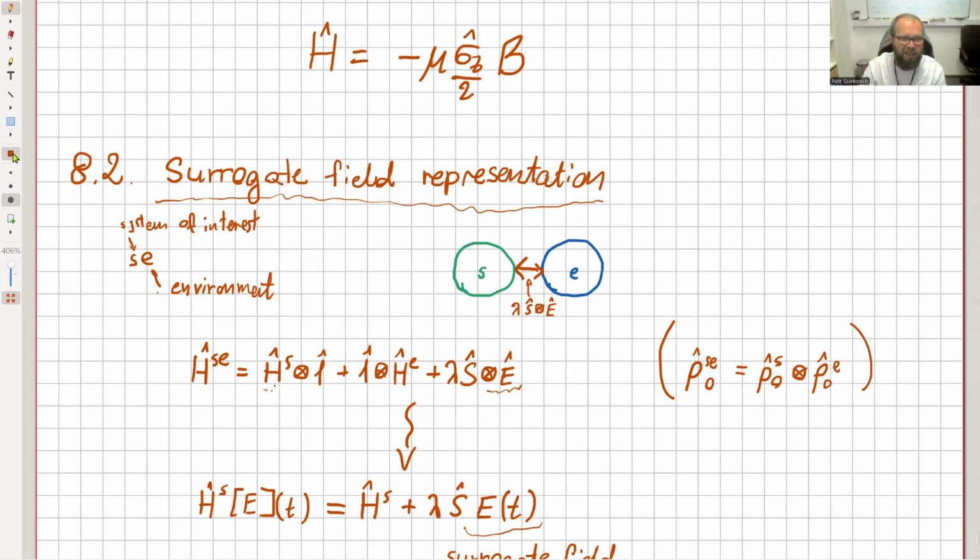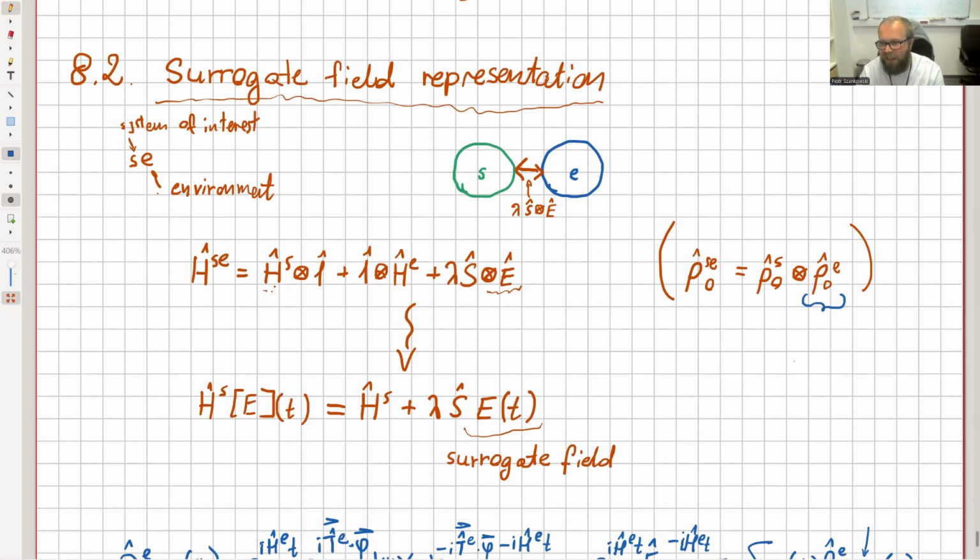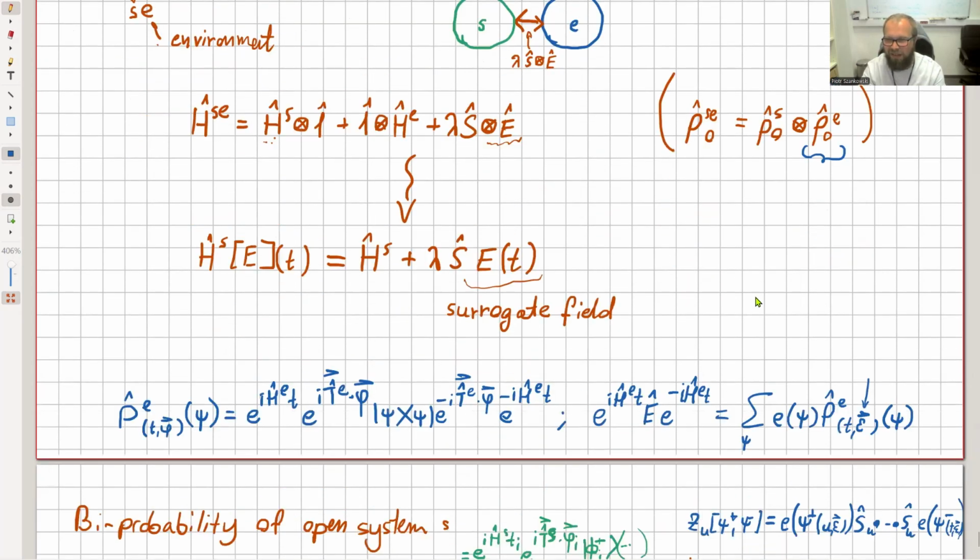And let's also use our spectral decomposition to define all the elements for the initial state of the environment: a sum over psi, eigenvalues rho_E, and projectors.